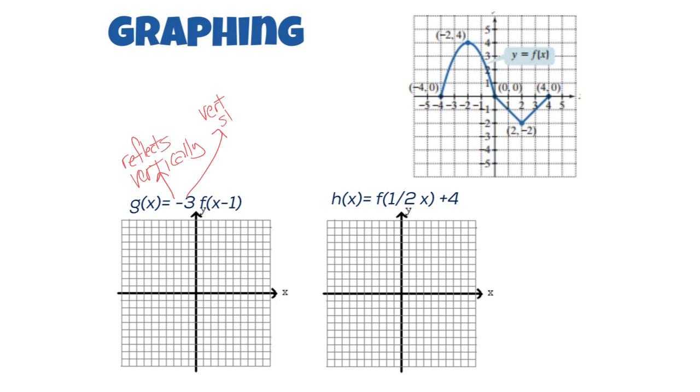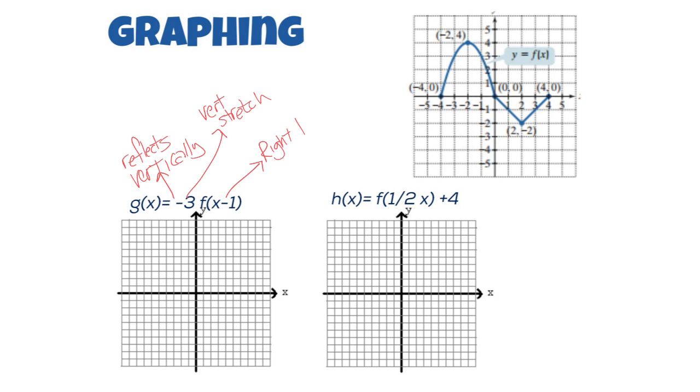That stuff is outside of the grouping symbol, and so it affects your y value. Anything inside the parentheses or the grouping symbol, like this right here, is going to affect your x. That's just going to move me, do it the opposite, remember, so I'm going to go right 1 unit.